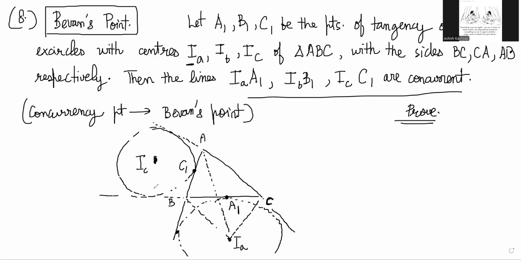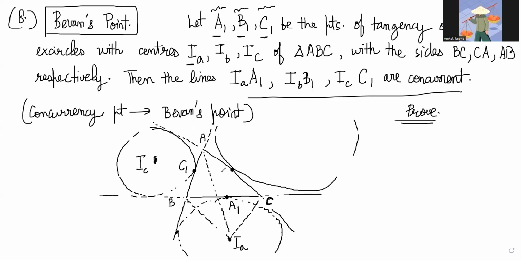So the question has told us about the three excircles and the 3 points where the excircles touch the sides. A1, B1, and C1 are the 3 points where the excircles touch the sides, correct?